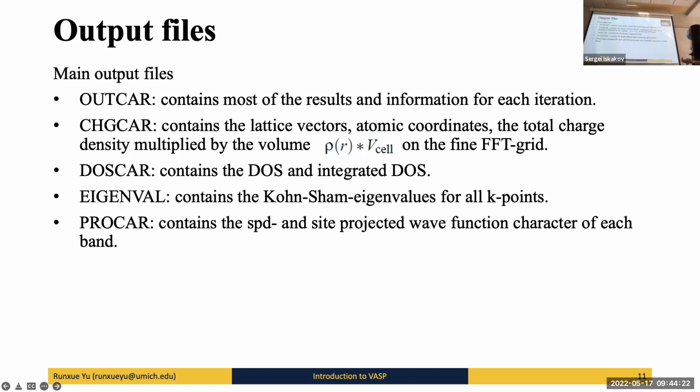Basically it just contains the charge density and other related information. The third one is DOSCAR. It contains the density of states, and EIGENVAL contains the eigenvalues for all K points. And PROCAR will contain the orbital and site projected wave function character for each band.